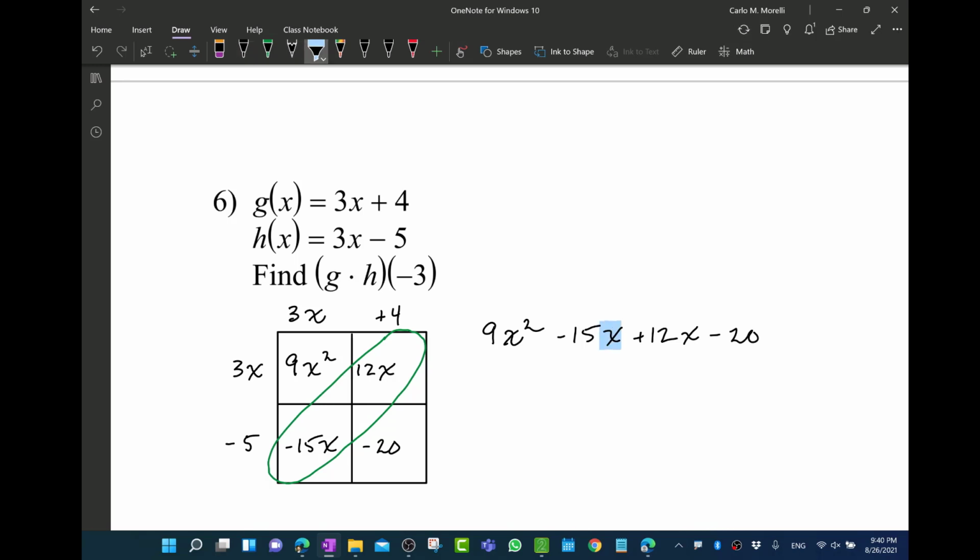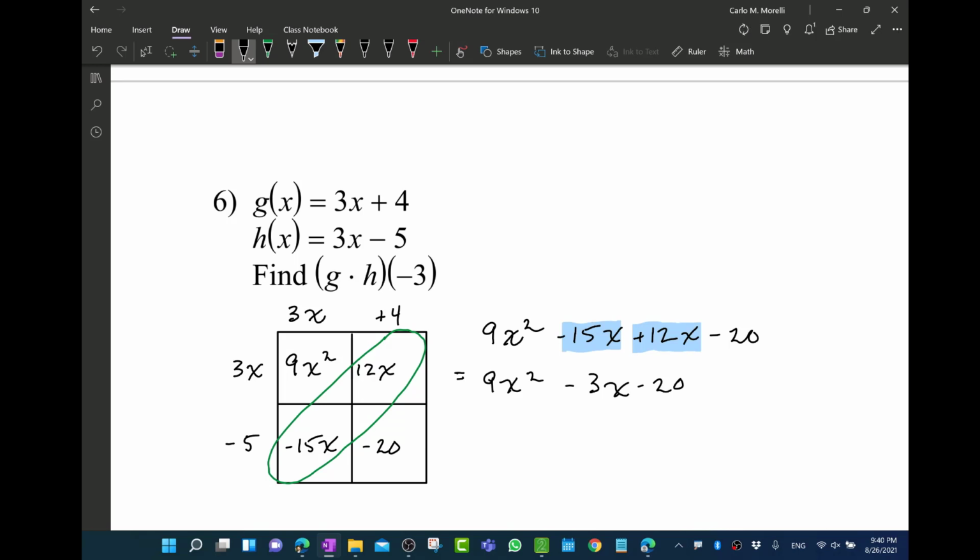Okay, these middle two terms can be combined together. So this will equal 9x squared. Now negative 15x plus 12x is negative 3x minus 20. And so now what we're going to do is evaluate this at negative 3.